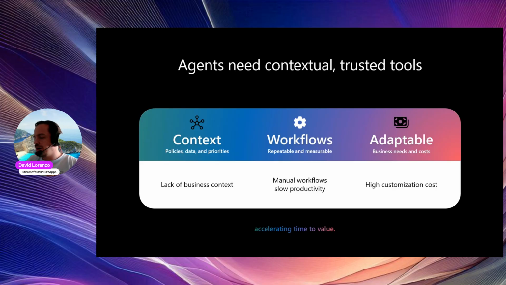So Azure AI Foundry and the tools allow us to adapt our agentic systems to our cost and our business needs, so we can go from few agents with a lower cost to more extended agents with more power, with powerful models and so on.